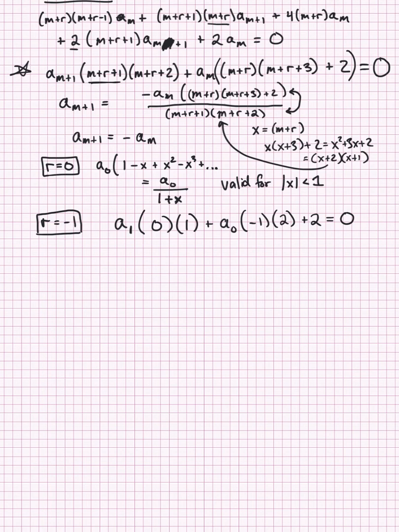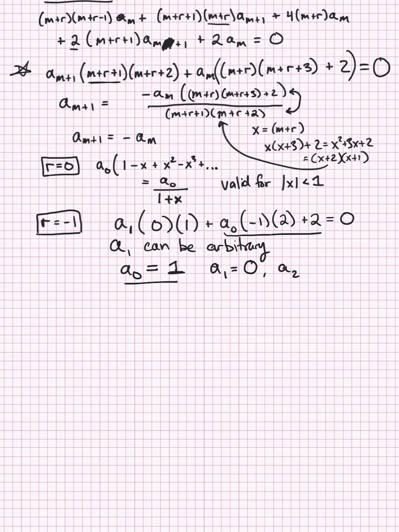First, notice that a1 can be arbitrary. a naught must be 1, because otherwise I would have no chance of having this set equal to 0. So I can set a naught to be 1, which is fine. a1 is arbitrary, and I just need one other solution, so I might as well set it equal to 0.